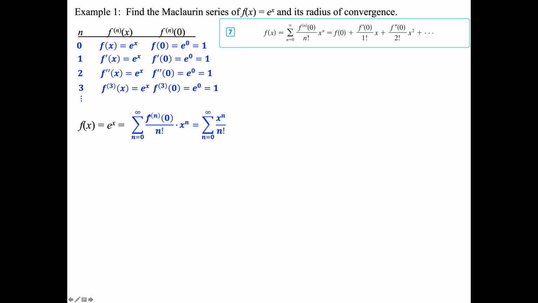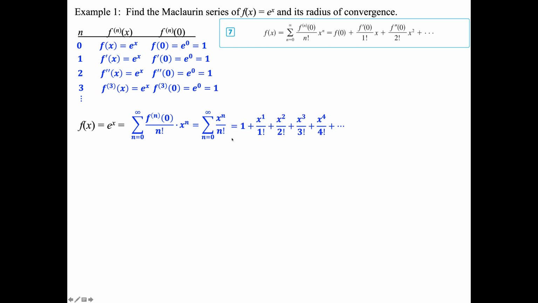So this cancels out our numerator to a 1. So we keep our 1 over n factorial times x to the n. So here is our summation, or a Maclaurin series, for f of x equals e to the x.